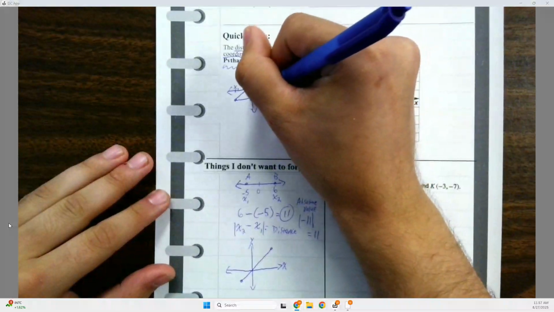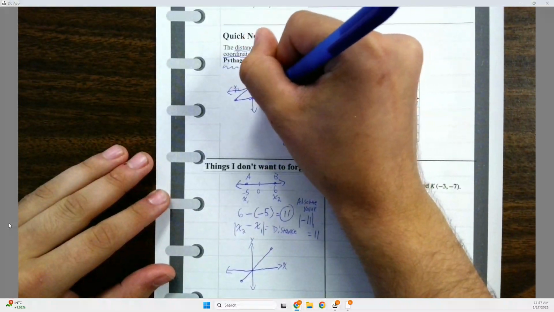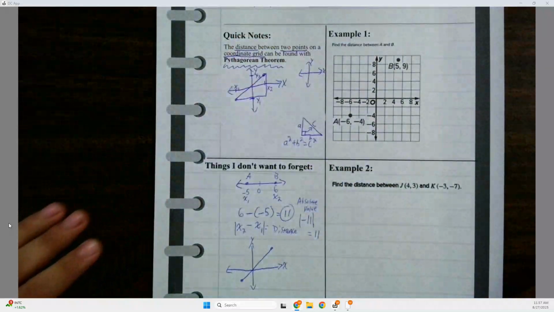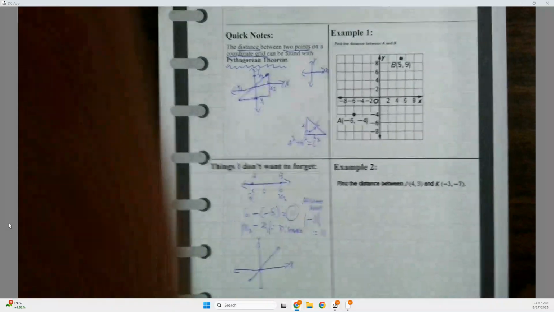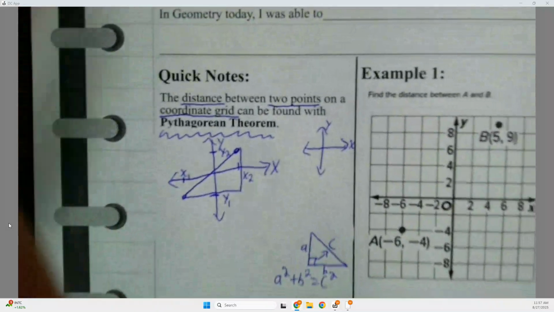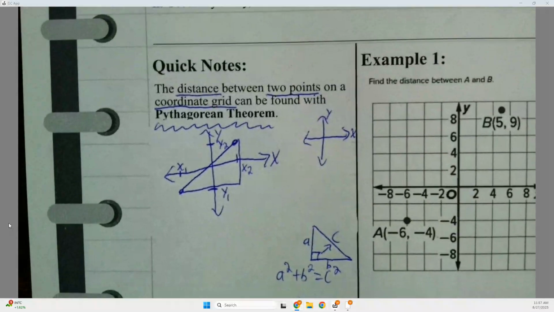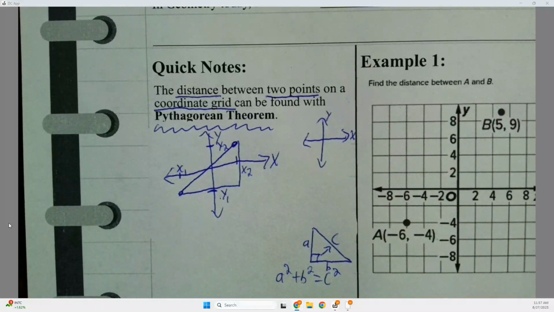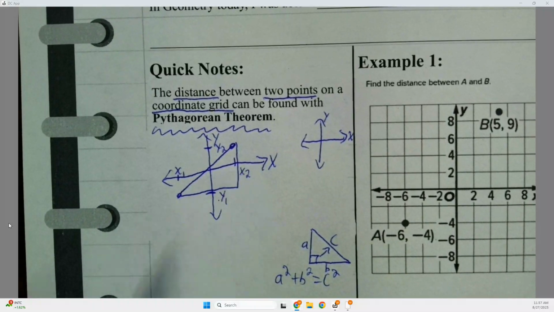My y's go from y1 all the way up to y2. My y starts at y1 and it ends at y2. My x's start at x1 and end at x2.